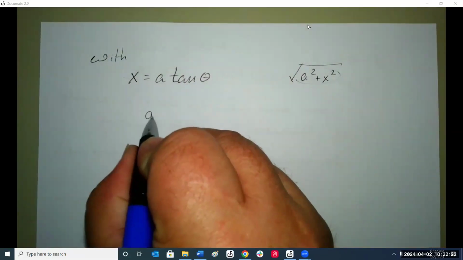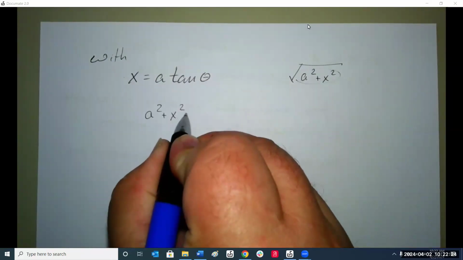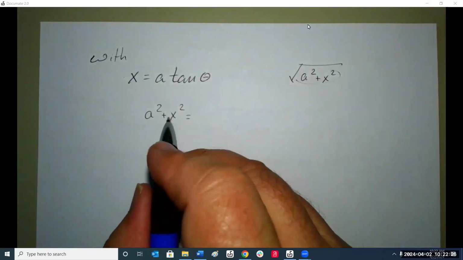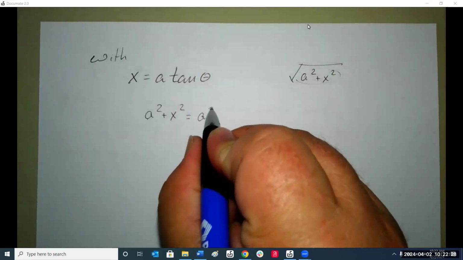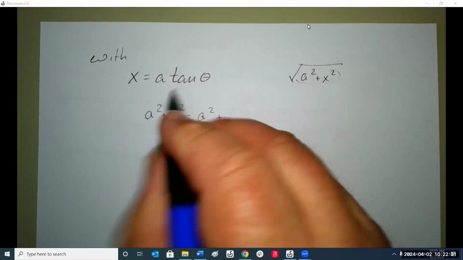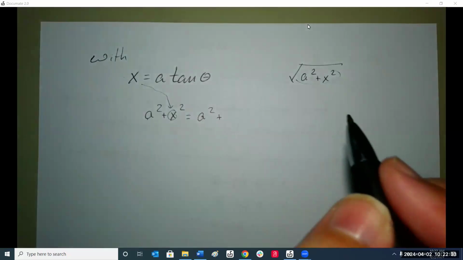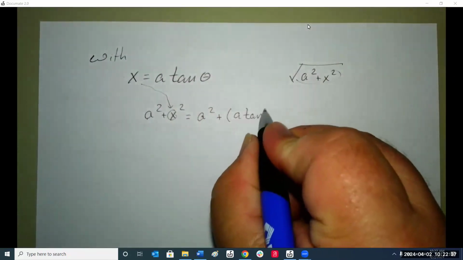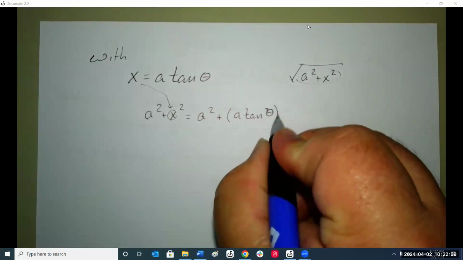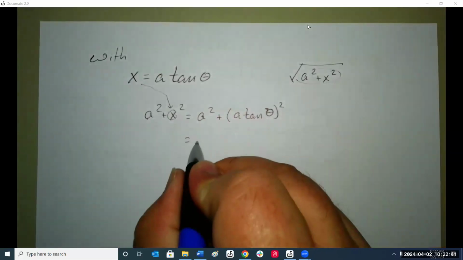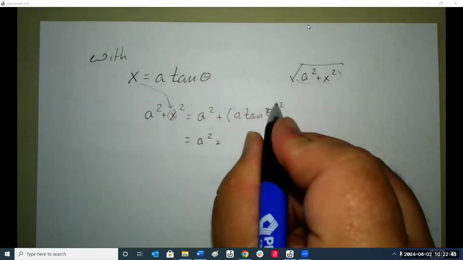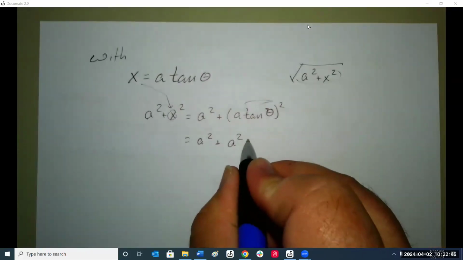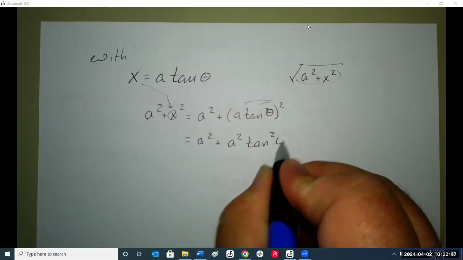So we have a squared plus x squared. So we have a squared, and x becomes a tangent theta, squared, which becomes a squared plus a squared tangent squared theta.